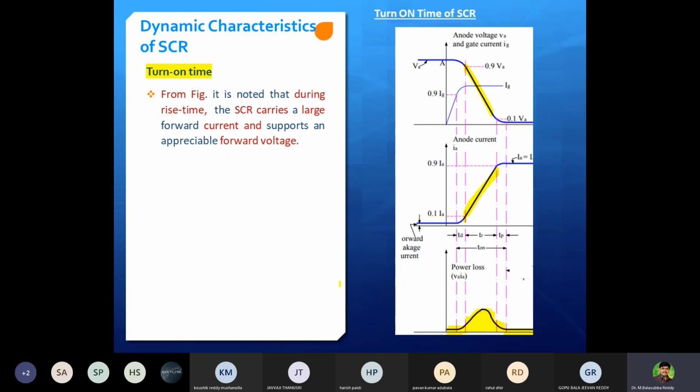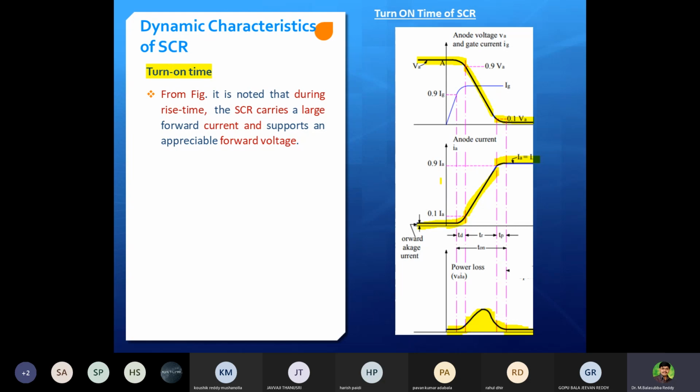So if I multiply these two things, the power loss will be more during that instant. But after that interval, we can notice in the curve, current is at its rated value but voltage is near zero. That's why power loss decreases. And before that interval, you can see here voltage is high, but current is only the leakage current or a very small current.